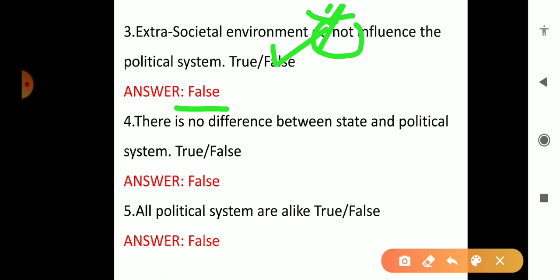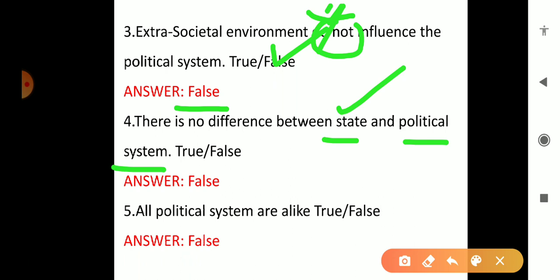Let's move to the next question, that is, there is no difference between state and political system, right? So here also we should keep in mind what a political system is and what a state is. State has four essential elements. You have read it in +1. It was in your syllabus.